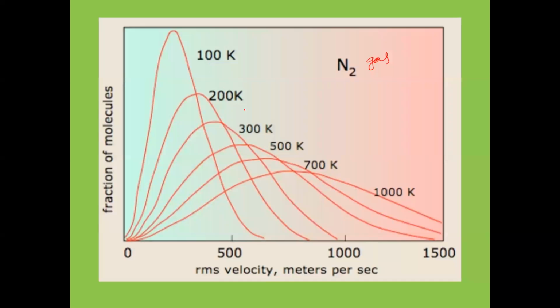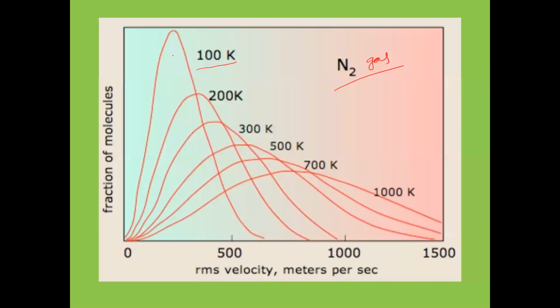Which one has a narrow distribution of molecular speeds? At 100 Kelvin, the curve obtained has a narrow peak.